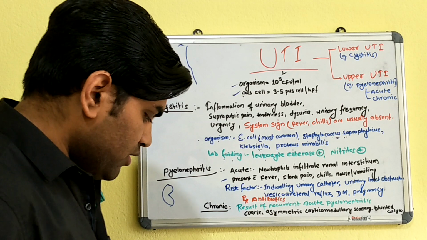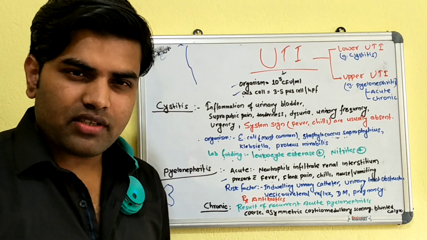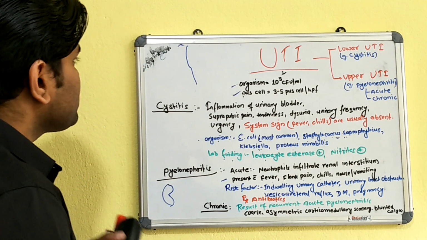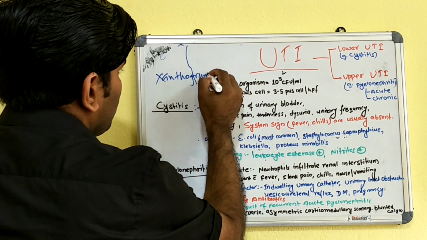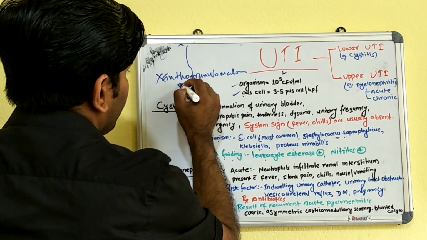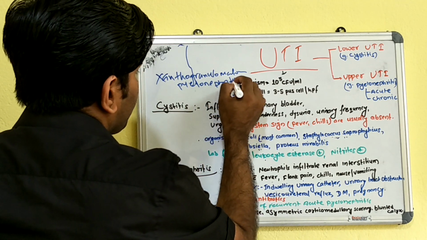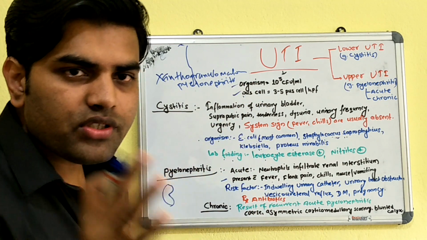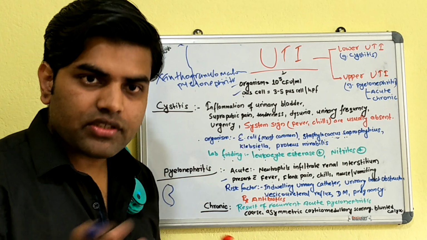Now the important thing is there is another term called xanthogranulomatous pyelonephritis. It indicates that a patient may present with an orange nodule that resembles a renal tumor, but it is not a renal tumor.